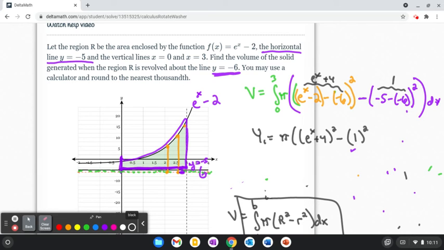And again, you know what 1 squared is, but I would probably type that one in to get used to the layout here. So it's going to be e to the x plus 4 squared minus 1 squared, close parentheses at the end. Okay, so then we'll graph it.